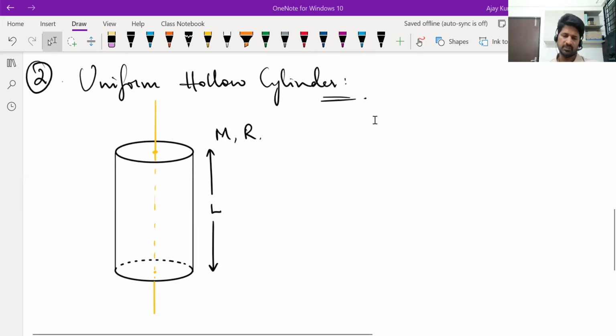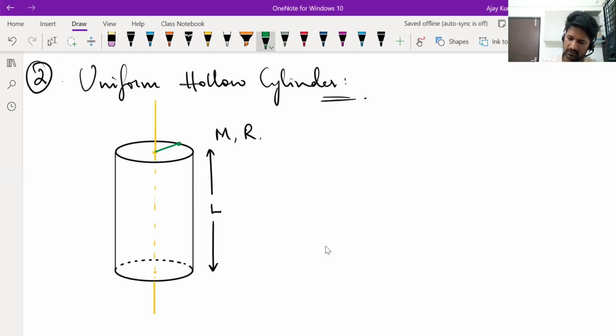Okay, I got one answer as mr square. That is correct. Why is the answer mr square? Because every particle on the hollow cylinder is at a distance r from the axis of rotation. Okay, correct. All particles of this hollow cylinder are at the same distance from the axis. You take this particle, it's at a distance equal to radius.